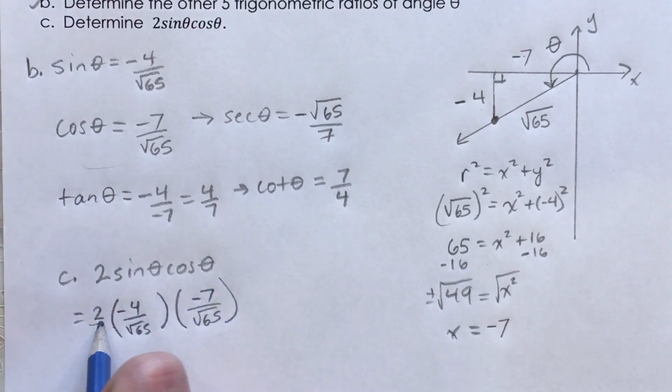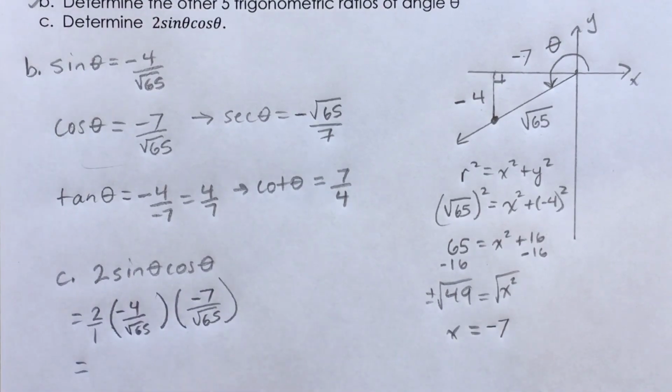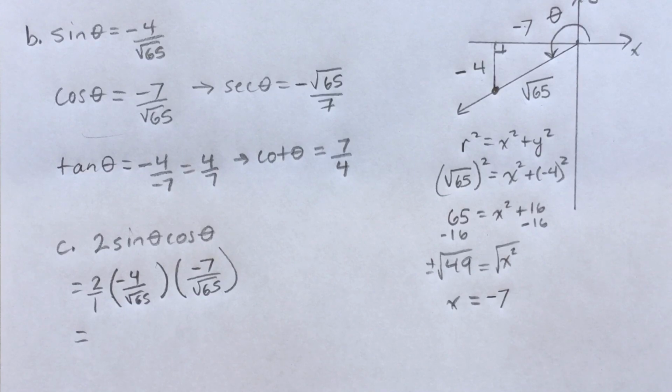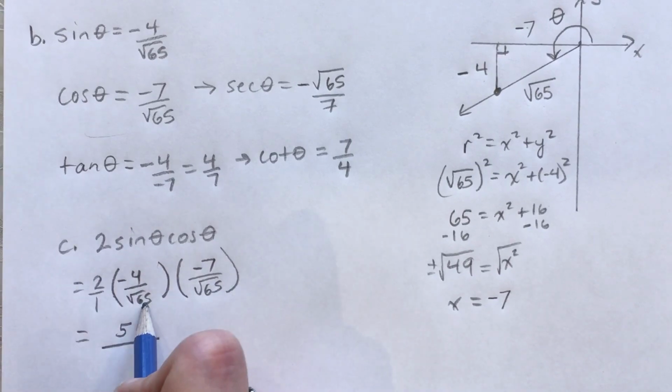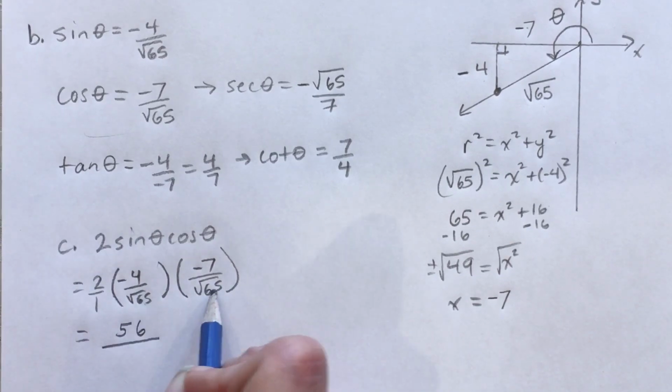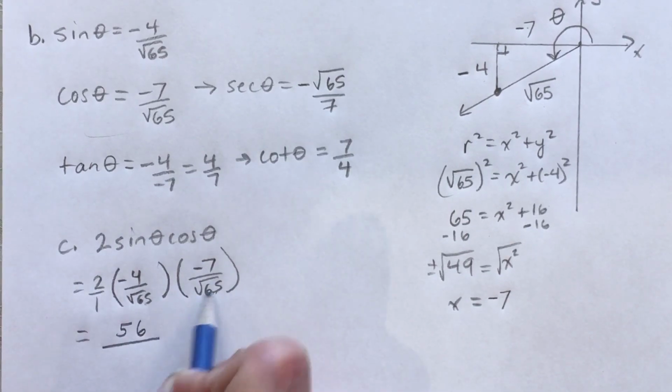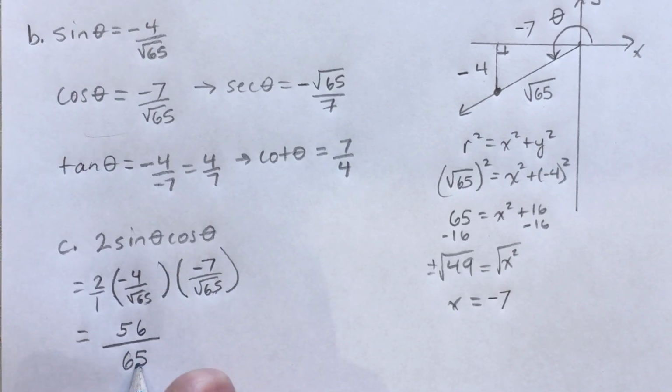And then if we change this to 2 over 1, it's like multiplying 3 fractions together. So you multiply the tops together, and you're going to get positive 56. And if you multiply the bottoms together, you get root 65 times root 65, which is 65 times 1. And then you can see if you can reduce that, but you can't. So 2 times sine theta times cos theta is 56 over 65.